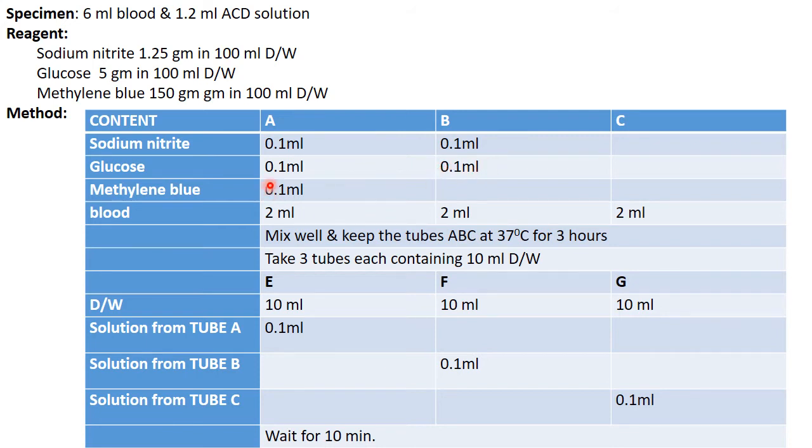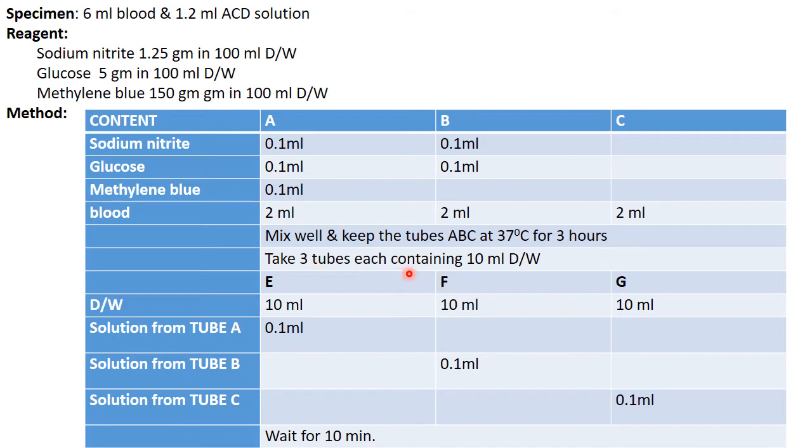Sodium nitrite 0.1 ml into test tube A and 0.1 ml into test tube B. Glucose 0.1 ml into test tube A and B. Methylene blue 0.1 ml into test tube A only. Blood 2 ml into each of the test tubes.